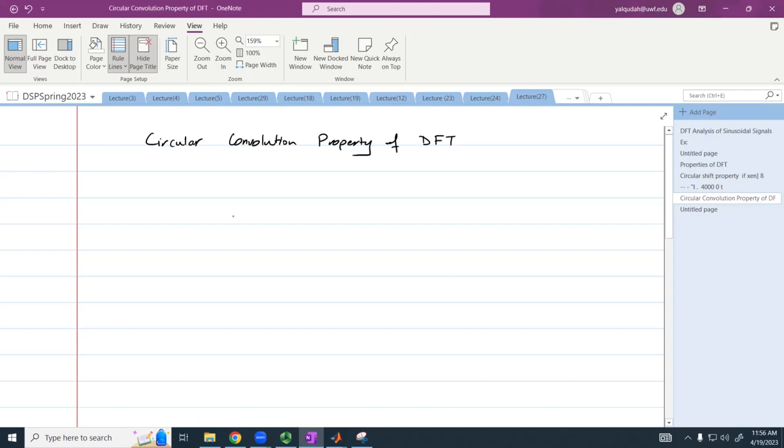What this property says: if you have x1 of n, and x1 of n has a discrete Fourier transform that is x1 of k, and you have x2 of n, and it has a discrete Fourier transform that is x2 of k. Both of these are N-point DFT.